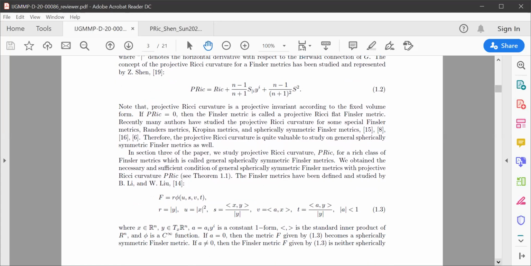Then later on, Lieben and his student studied this type of matrix.